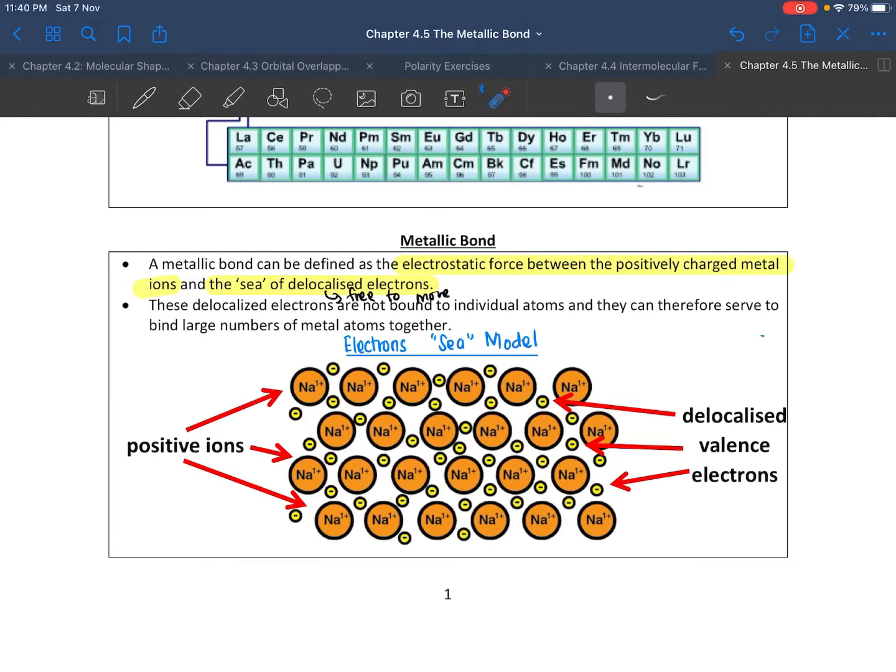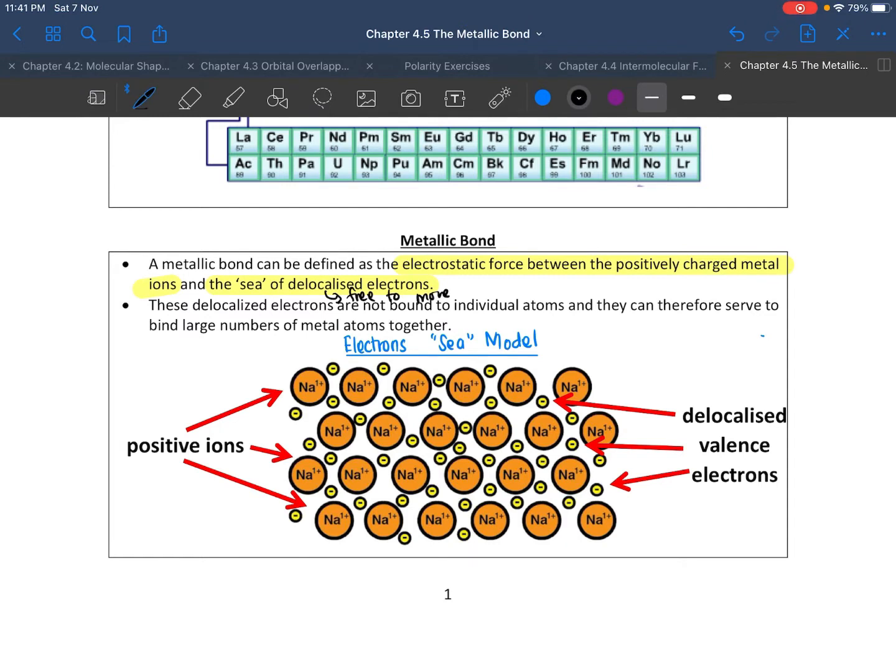Okay, alright. So, another thing yang saya nak ajar dekat sini adalah how to draw Electron Sea Model. So, let's say in exam, kalau dia minta kamu draw Electron Sea Model, kamu kena draw something like this. But somehow, I just realised that the number of electron here is not equal to the number of sodium ion.